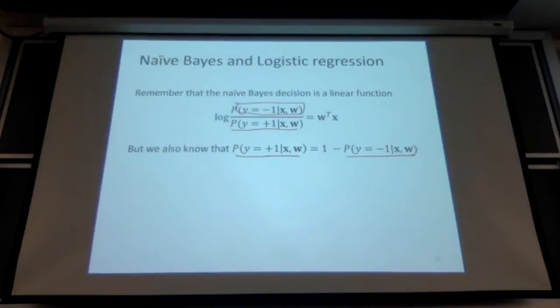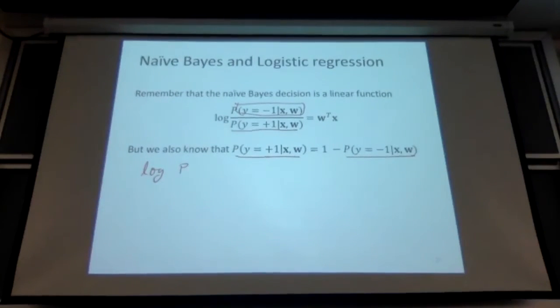I'm going to write this quantity as P, just as shorthand. So log of P divided by 1 minus P is w transpose x.